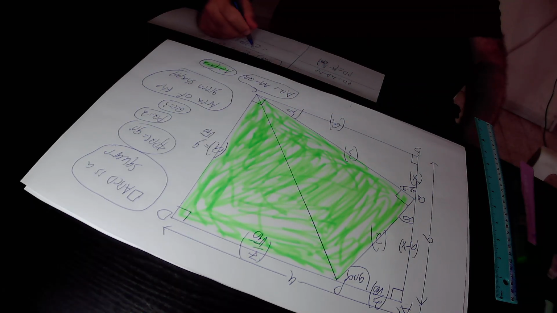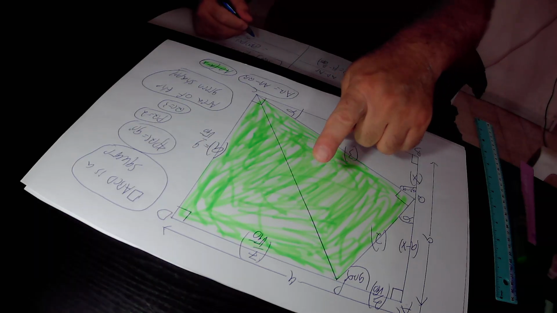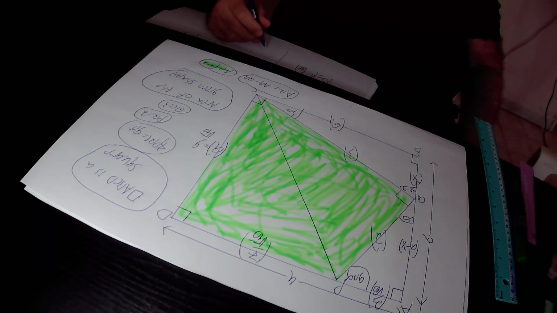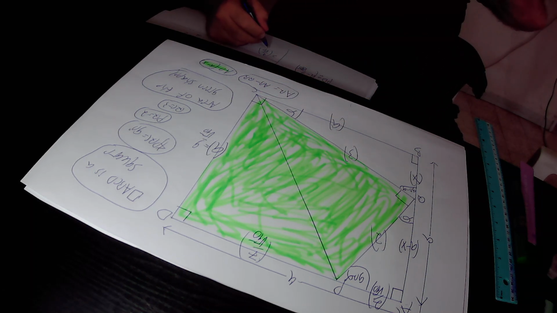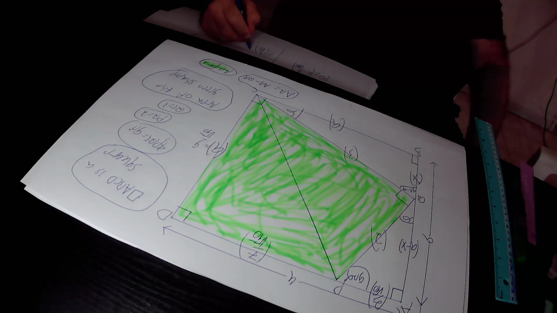So PD is 7 over square root of 10, times the height DC. DC is A, and A is 9 over square root of 10, divided by 2.